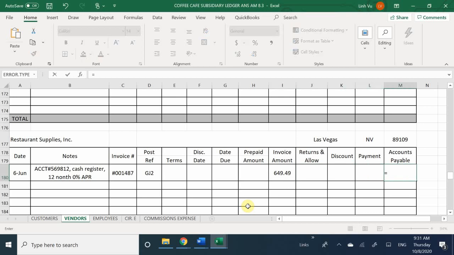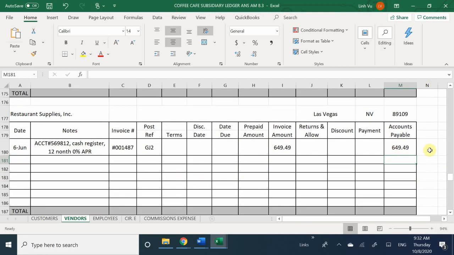No. So here in my accounts payable account, if I apply the formula again, it's going to be your invoice amount, subtract any prepaid, subtract any returns or allowances and discounts, and subtract any payments. I get that I owe restaurant supplies $649.49 in my accounts payable. Right? And that is exactly how you fill this out.